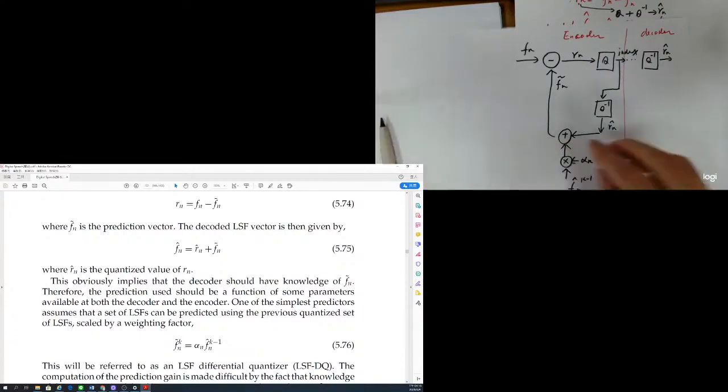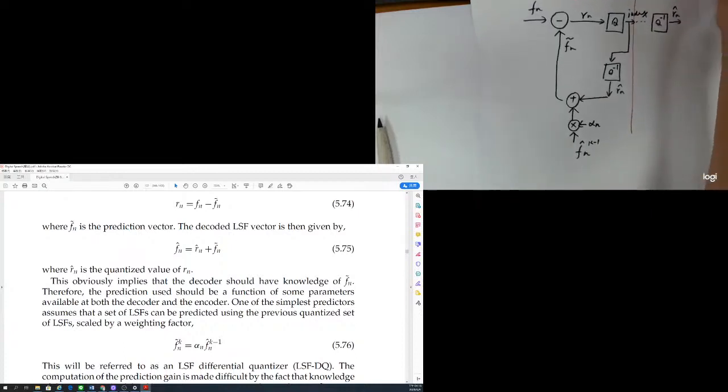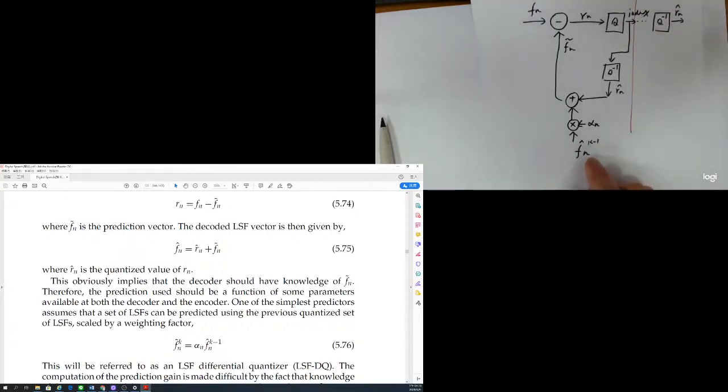So where does k minus 1 come from? You have to think about where it comes from.